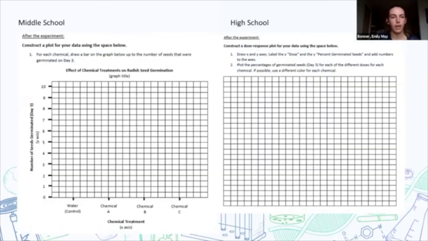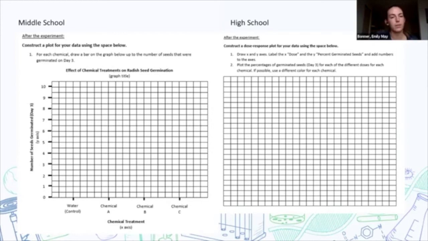And then there's the portion of the worksheet that has a plot, and you can kind of see for the middle school, there's a lot more information provided with the title and axes labeled. So it should be pretty straightforward for them to plot their data.